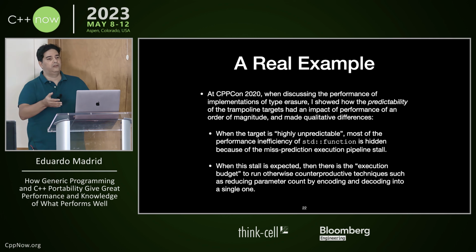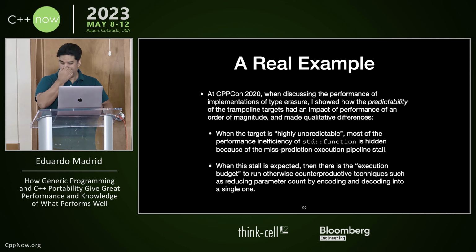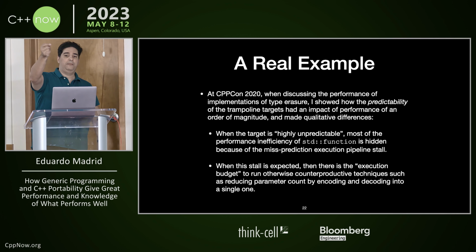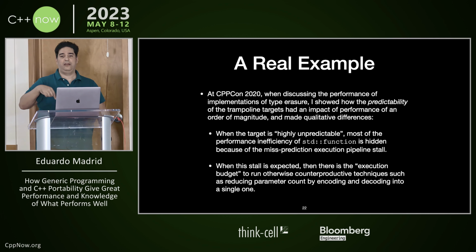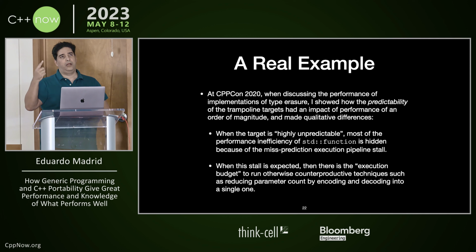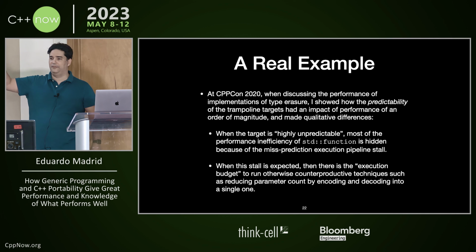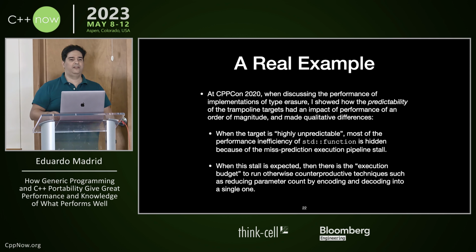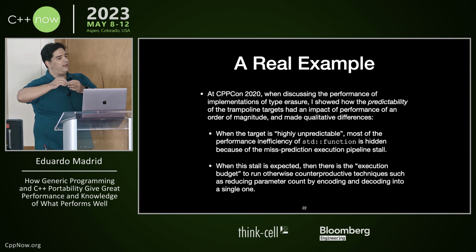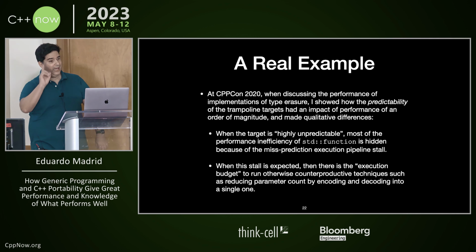So in particular, one of the things that I showed you is that compared to my implementation in particular, if the target of the trampoline is highly unpredictable, it really doesn't matter the optimizations that I put in, or the way that I eliminated the inefficiencies of the normal implementations of function, they are not very relevant, because there's going to be a massive performance hit due to the branch misprediction, okay?